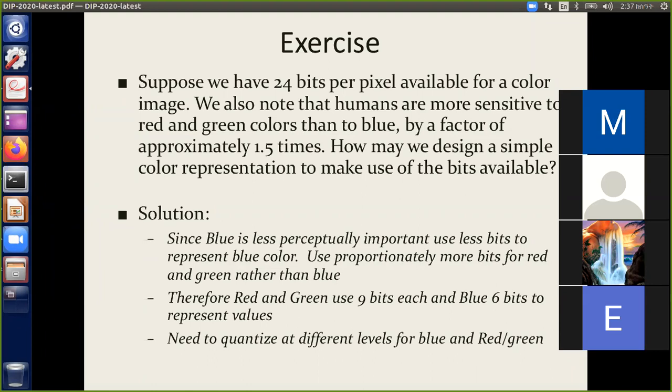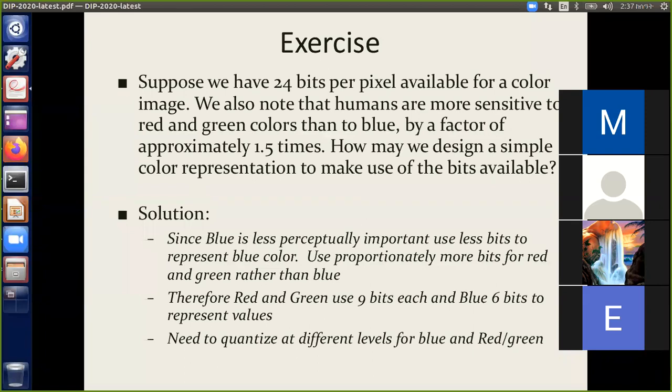because mostly the luminance of a given image depends on the red and the green color as compared to the blue color. So the solution is we have to give more bits to red and green as compared to blue, so that we can magnify the red and the green color. So what kind of proportion do we have to use?